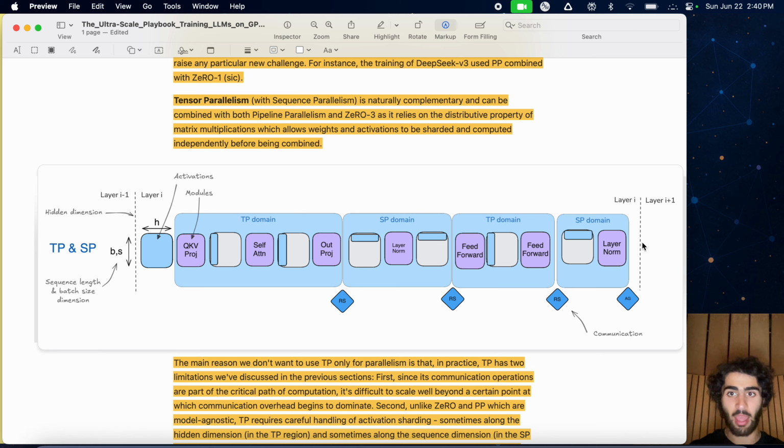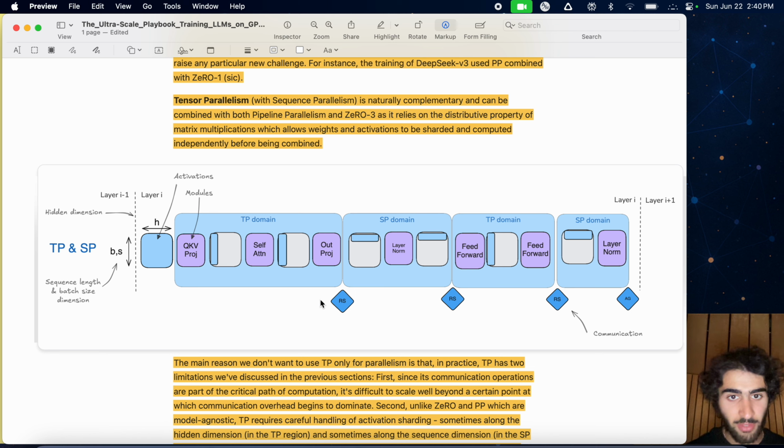So this is what we have in terms of one transformer block with tensor parallelism and sequence parallelism, which are very complementary, since the tensor parallelism domain is strictly within our multi-head self-attention and our feed-forward neural network, and the sequence parallelism domain is within the layer norm, as well as dropout if dropout is used, but dropout is not really being used in the state-of-the-art models nowadays.